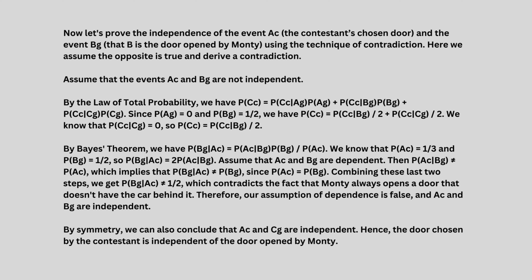By symmetry, we can also conclude that AC and CG are independent. Hence, the event that the door chosen by the contestant hides the car is independent of the event that the door opened by Monty reveals a goat.